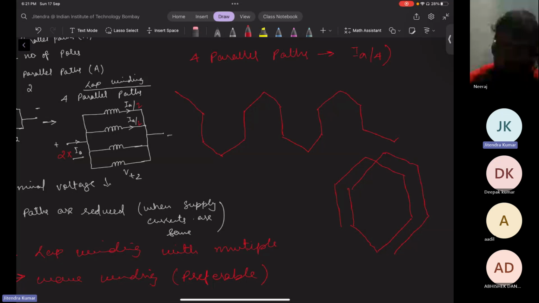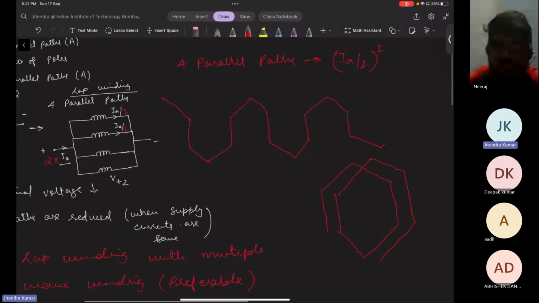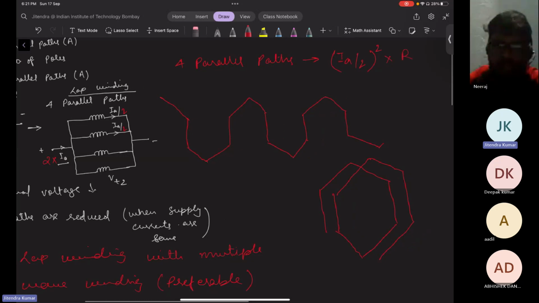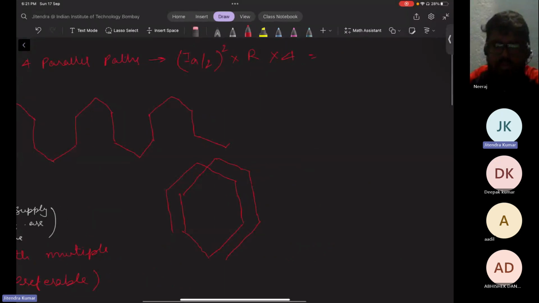IA by 2 square into R. If you are doing such a thing, then it will be multiplied with 4, so it will be equal to IA square by 4 into R term. IA square by 4 into 4, so it will be essentially IA square into R term.